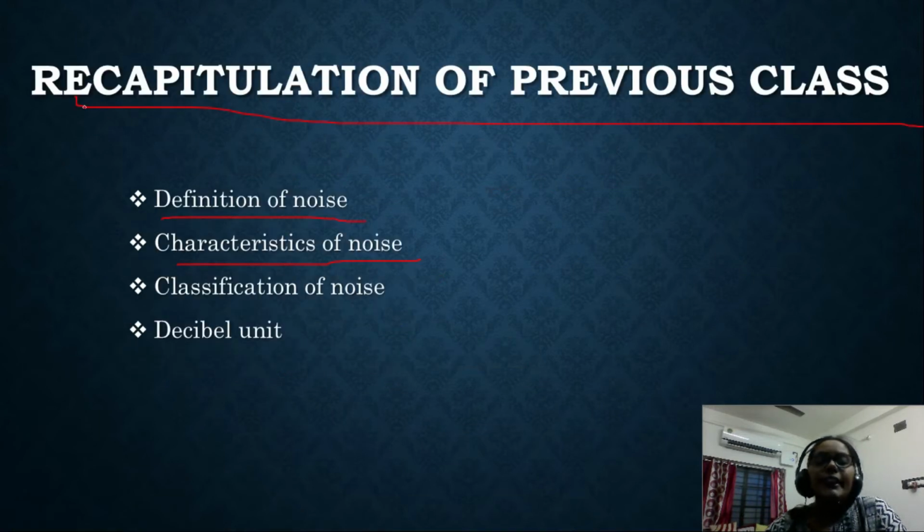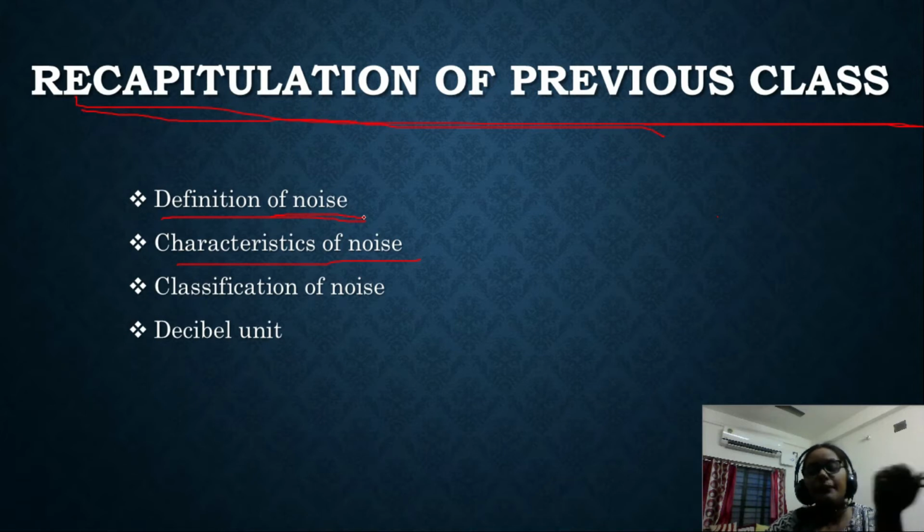Now, this is a recapitulation of the previous class. In the previous class, we defined noise, that is, what we mean by noise. Some of the characteristic parameters we also discussed, and the classification, how we can classify the noise.